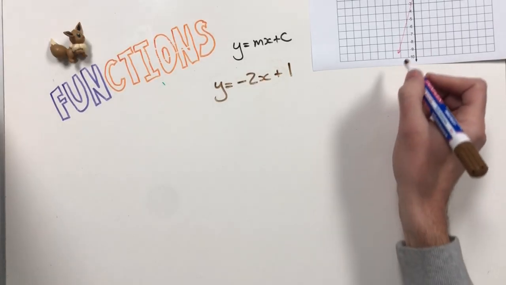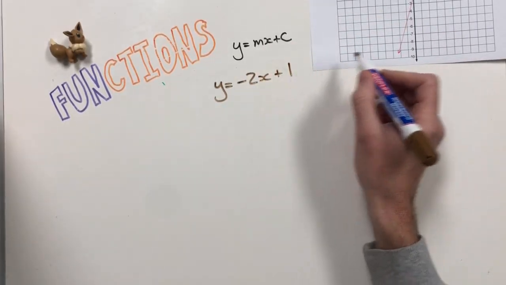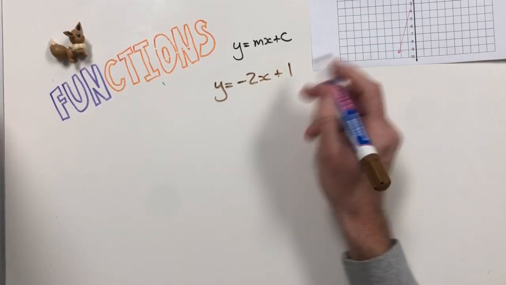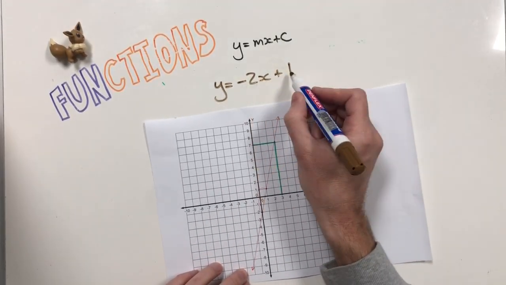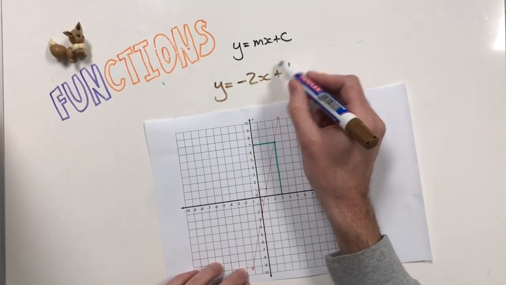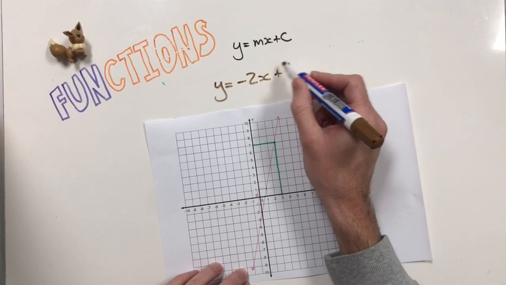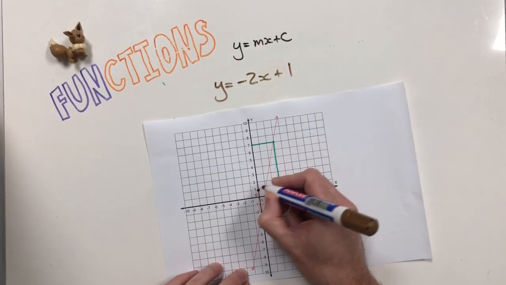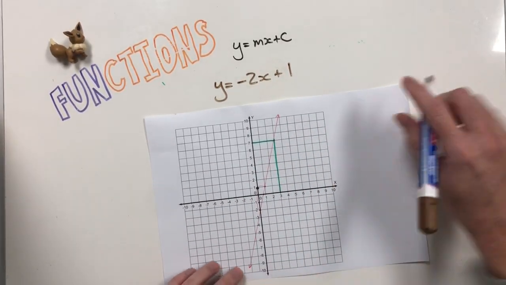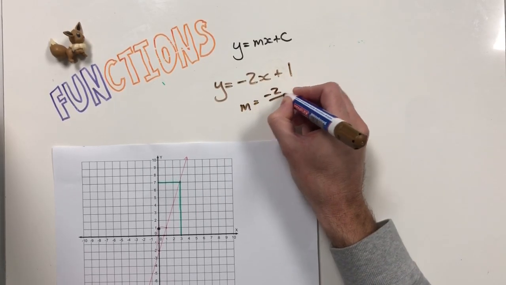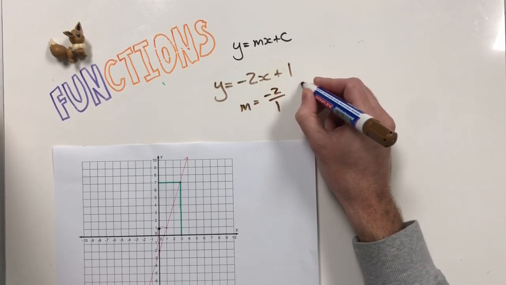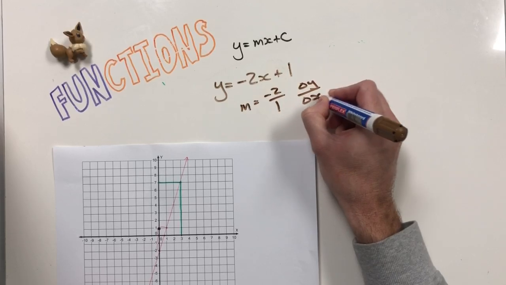I'm going to use the gradient method with this one. I know my y-intercept here would be +1, so that's right there, +1. And then the gradient in this case would be -2 over 1. So this would be the change in y over change in x.